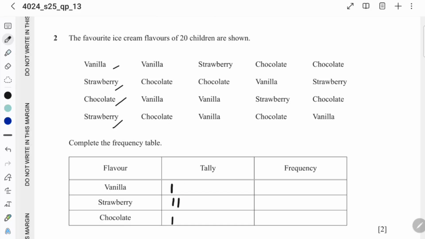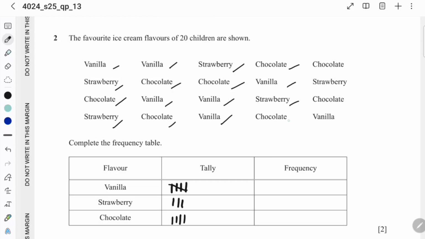This is the way we can make the tally marks. Then vanilla, chocolate, chocolate. Then vanilla, chocolate, vanilla, and chocolate. Strawberry, chocolate, vanilla, and then again vanilla. Whenever I cross the lines, it means 5 tally marks.